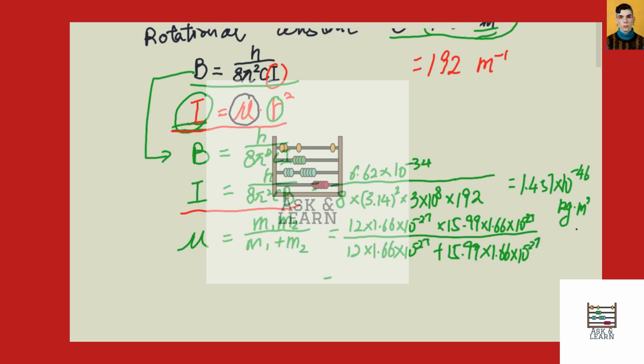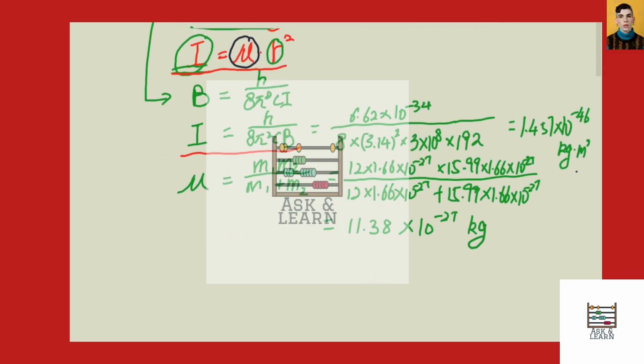Same, you have to use your calculator and be careful, and you will get the answer. The reduced mass of the CO molecule is 11.38 times 10 to the minus 27 kilograms. And now, for this expression, we already know the moment of inertia, and we also know the reduced mass.